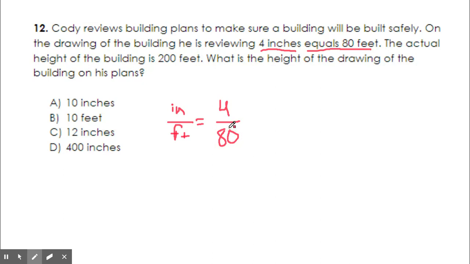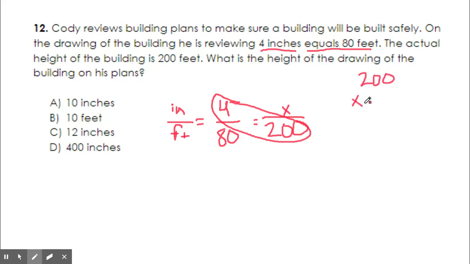Okay, if the actual height of the building is 200 feet, we want to know what is the height in the drawing. So we want to know how many inches that would be. So I'm going to do 4 times 200. 200 times 4, I get 800. So then 800 divided by 80.